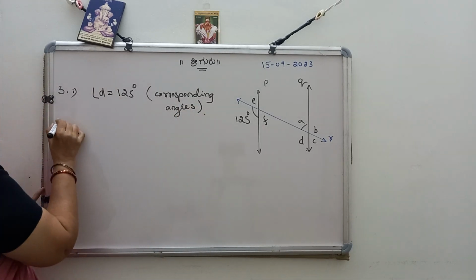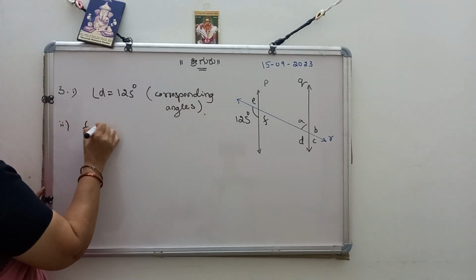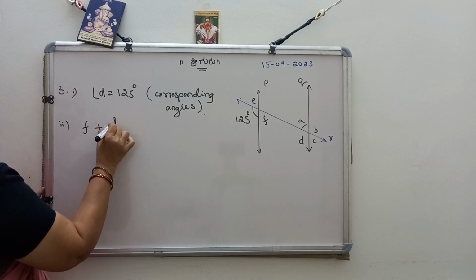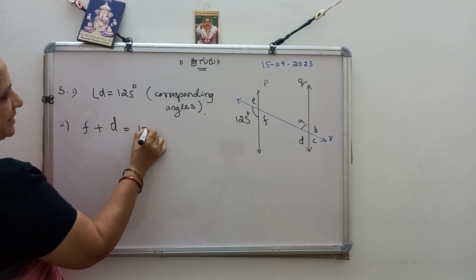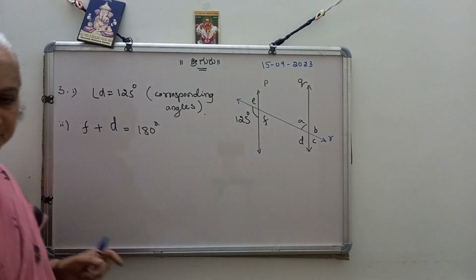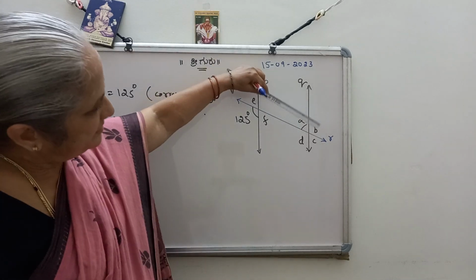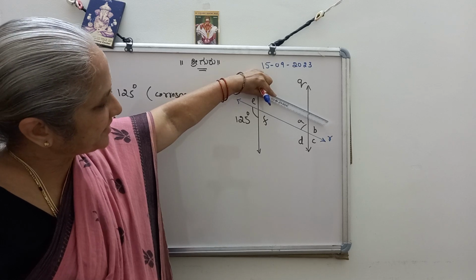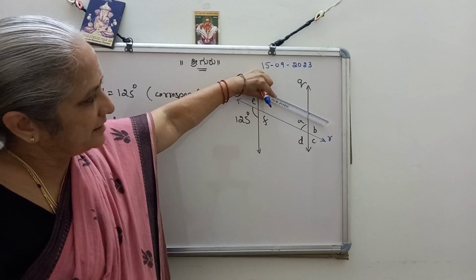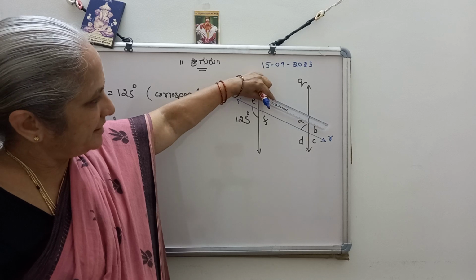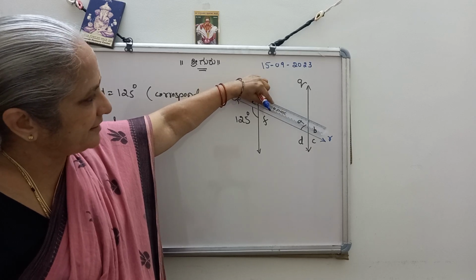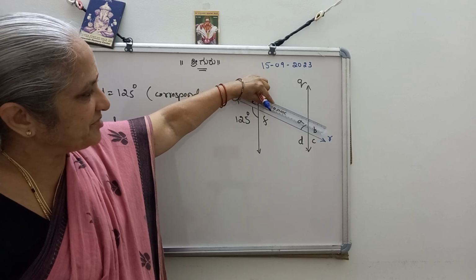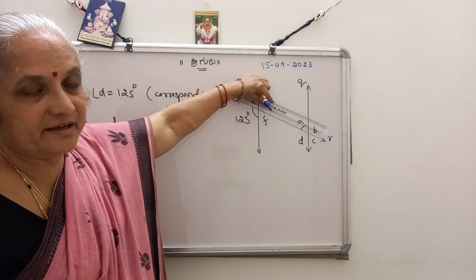And second one, angle F plus angle D is equal to 180 degrees because these two are the parallel lines P and Q and line R is the transversal, and angles F and D are on the same side of the transversal and they are interior.